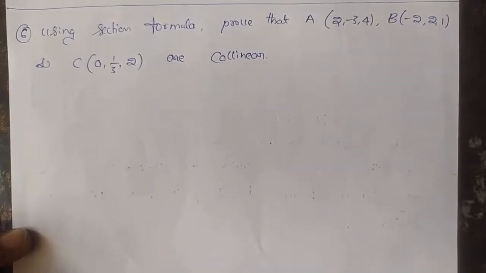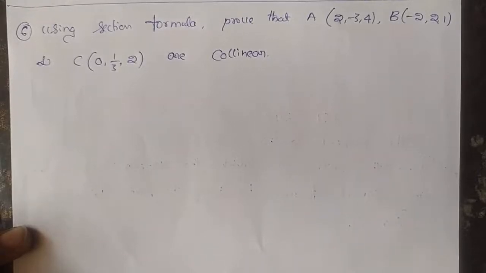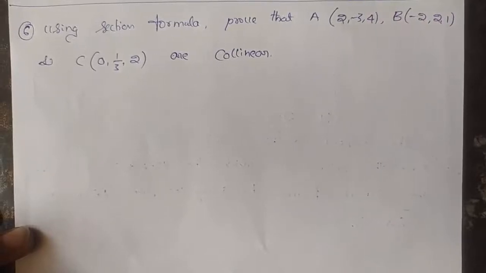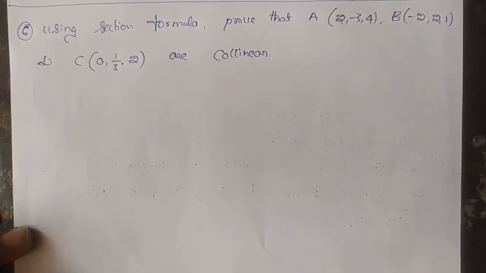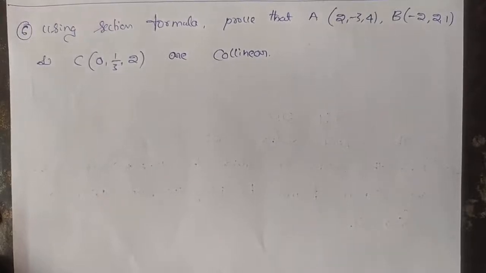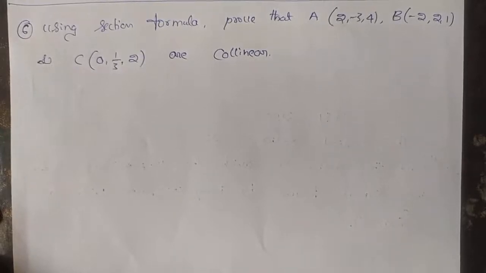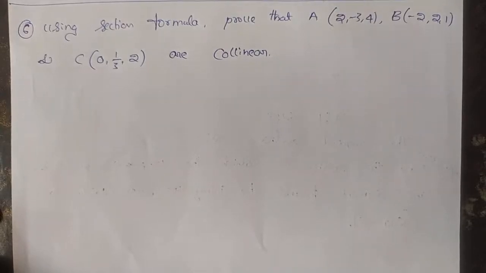Proving that 3 points are collinear, I already told you in the straight lines chapter. There, the slope of AB equals the slope of BC. That is one method. The second method is by using the distance between 2 points.